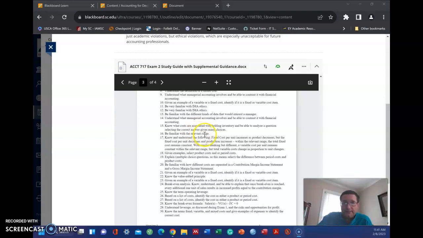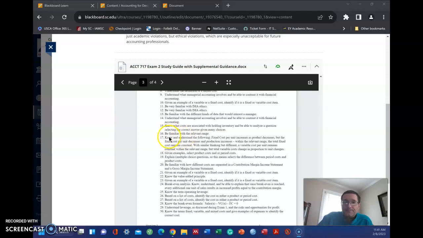Make sure you understand it, but it's all related to the relevant range. And you guys that are engineers and other related sciences, math, you guys understand the relevant range. It might be called something different, but there has to be parameters, and then within those parameters, we can make assumptions. For us, we make assumptions that fixed cost dollar amount is constant, variable cost per unit is constant. Okay.